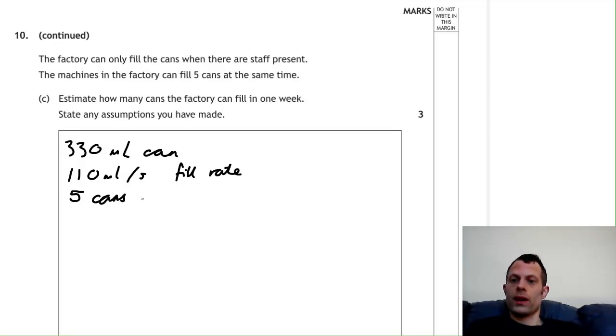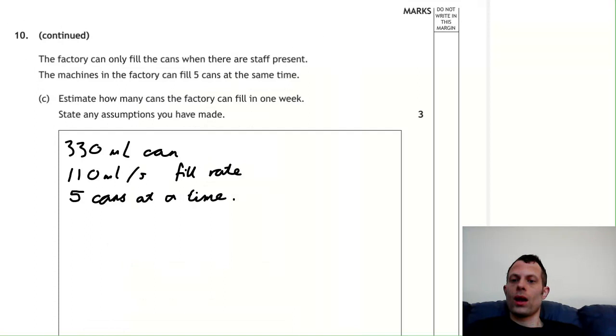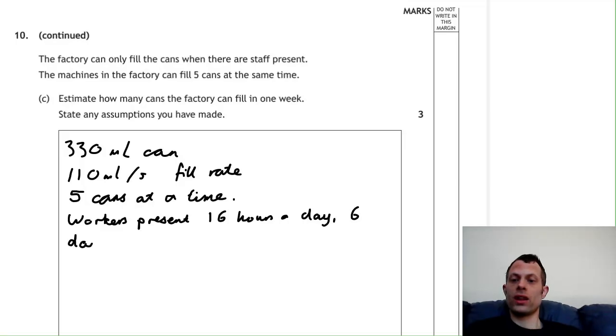So 5 cans at a time. We can make an assumption of the hours that the workers are available. So I'll say they're present 16 hours a day, but then 6 days a week.